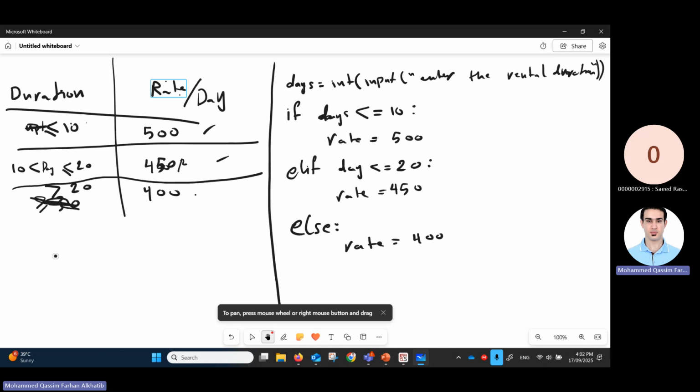I need now to find the rental amount. How do you calculate the rental amount? By the day. So we found the rate. We know the number of days. What is the rental amount? So rental_amount, that's an underscore. Underscore is acceptable in Python and all programming languages.